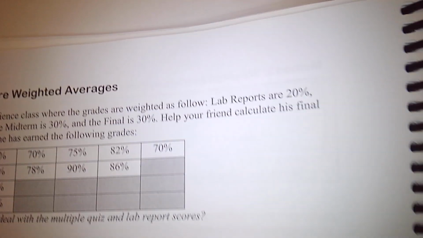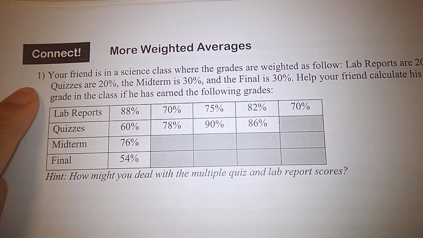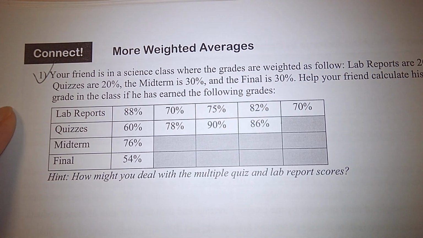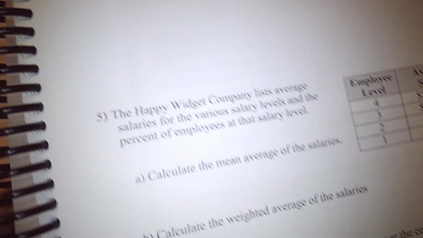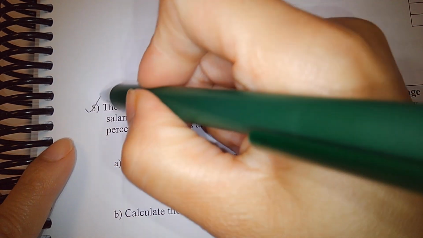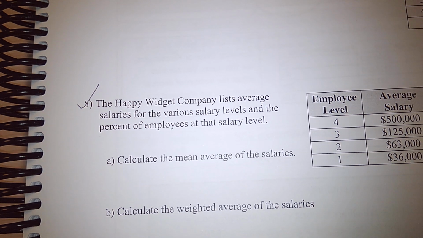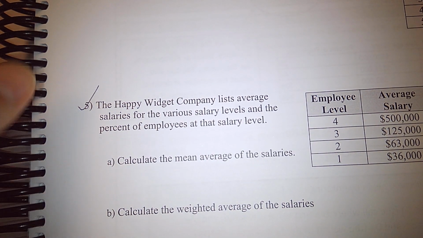On page 64, let's do question 1, question 2, and question 5 on page 65. On page 64, you do questions 1 and 2. On page 65, we do question 5.